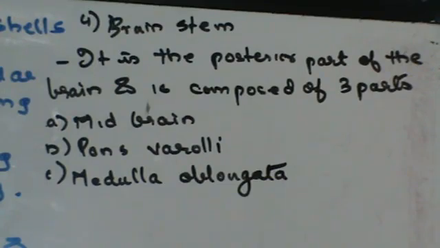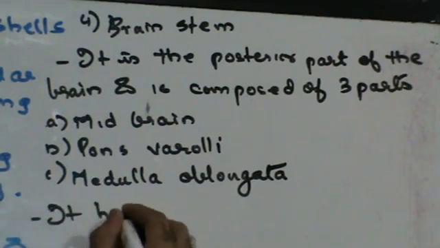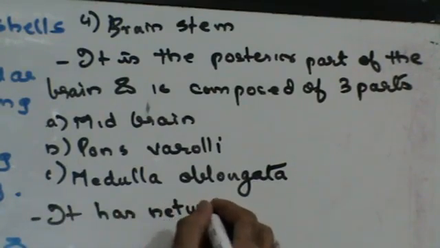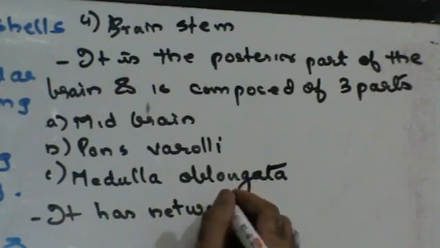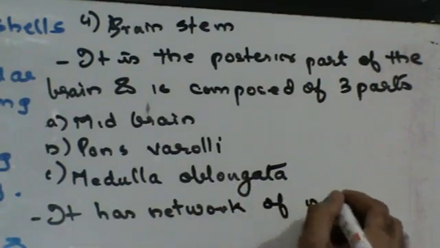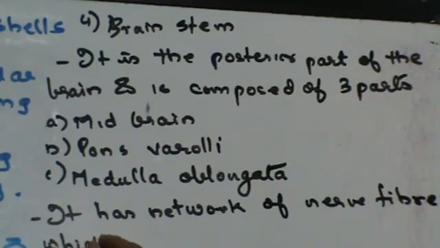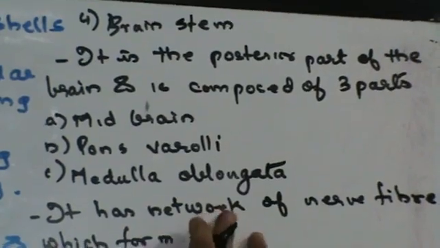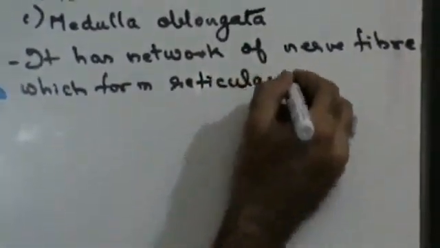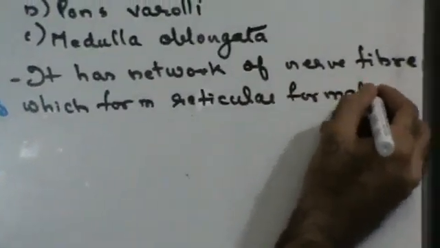The brainstem has a network of nerve fibers which form the reticular formation.